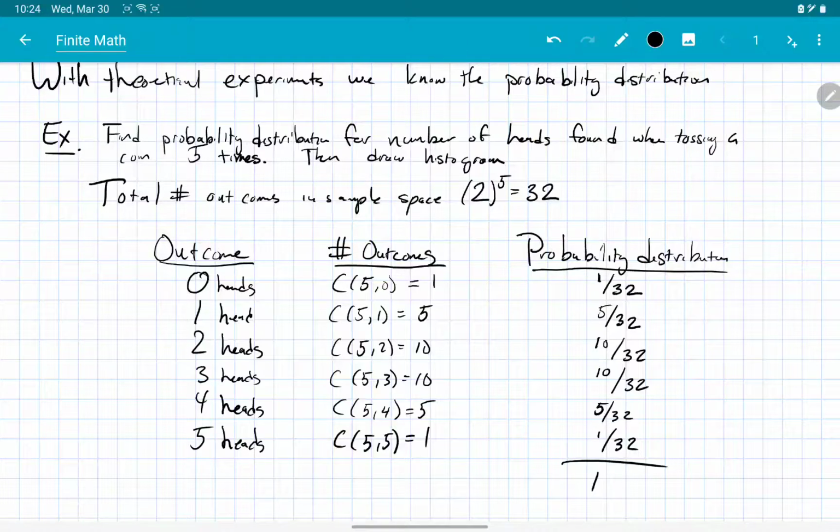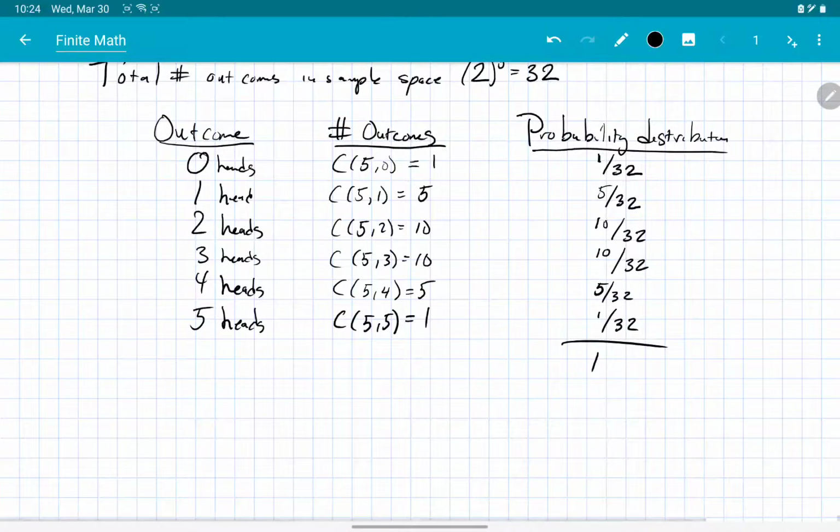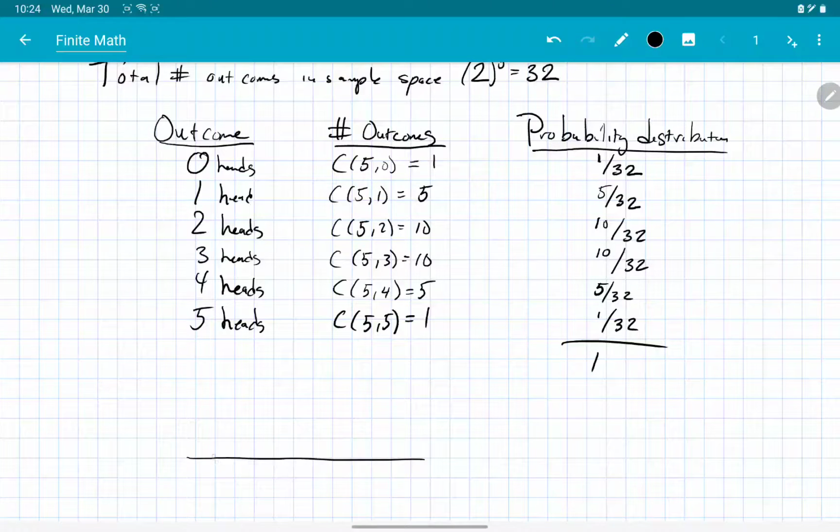Okay. Sorry about that. Okay, and then we were supposed to draw a histogram, right? So we still have that to do. So I'll draw my histogram. You have 0 heads, 1 head, 2 heads, 3 heads, 4 heads, 5 heads.